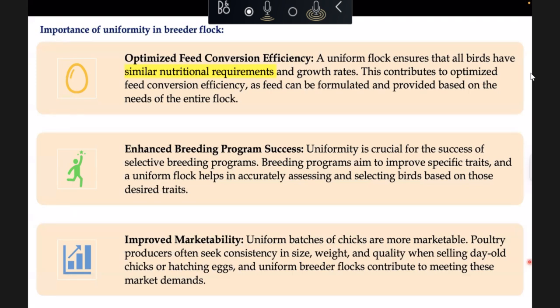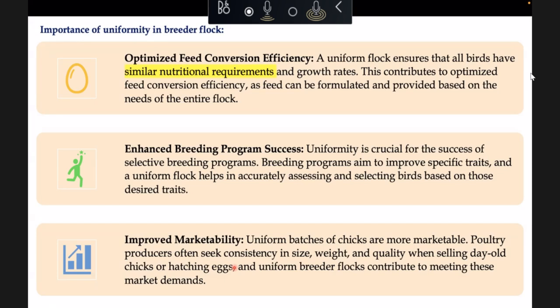And poultry producers often seek consistency in size, weight, and quality when selling day old chicks or hatching eggs. So a uniform flock will facilitate this also. These are the importance we want to talk about, the importance of uniformity in a breeder flock.